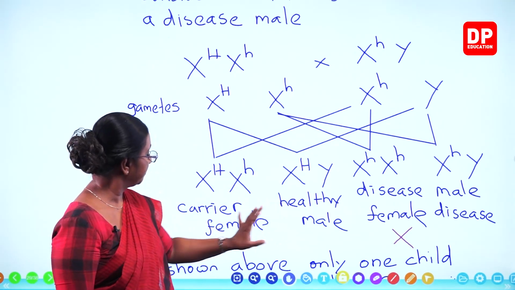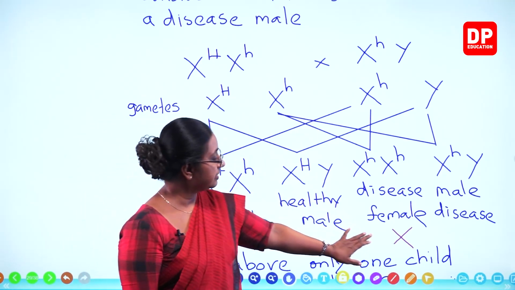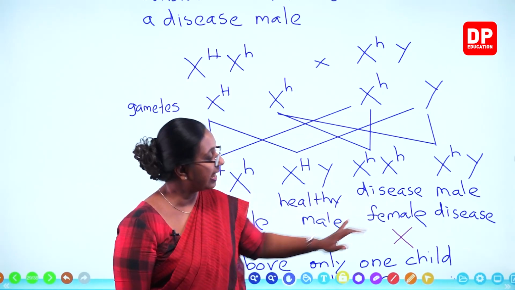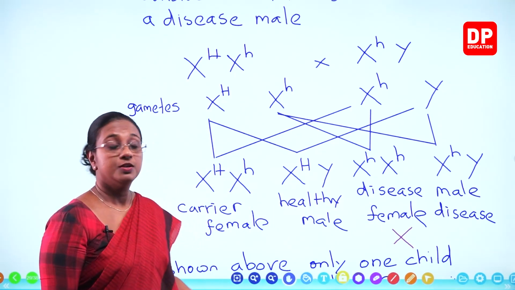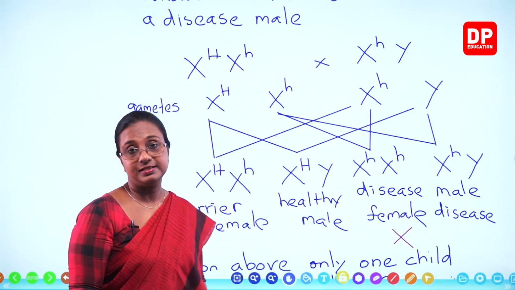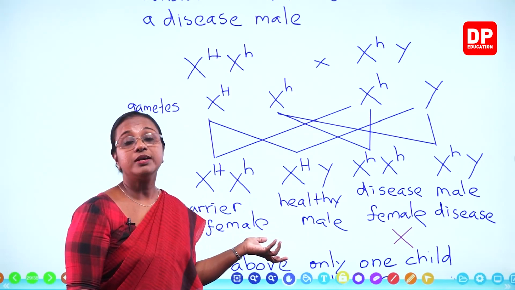So when they combine, you get a carrier female, then a disease female who doesn't exist. You have a healthy male and a male with disease. So 1 out of 4 children is healthy. Others either disease or carrier.